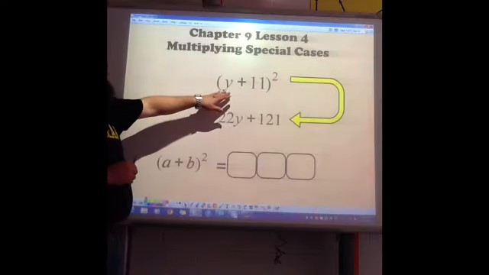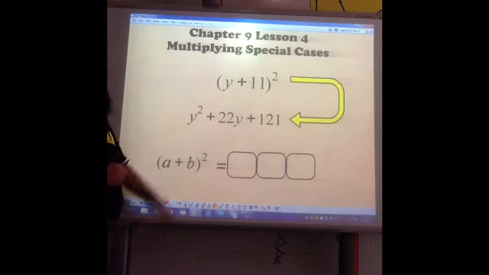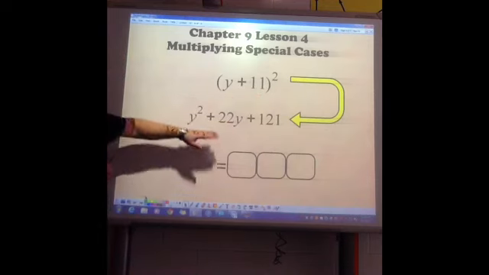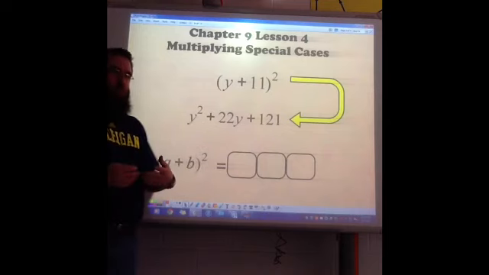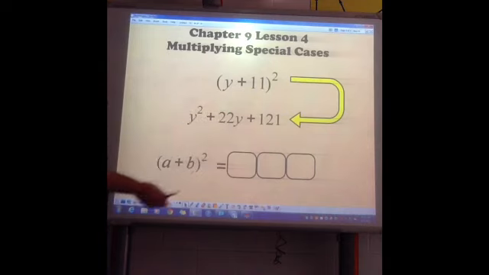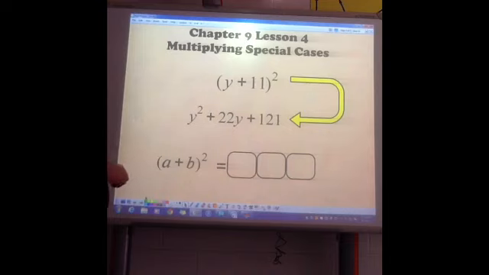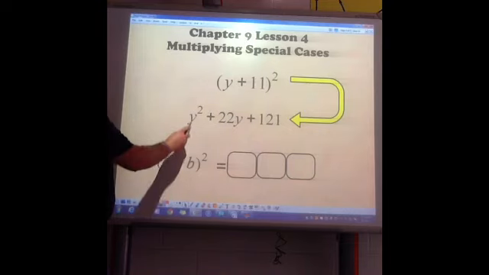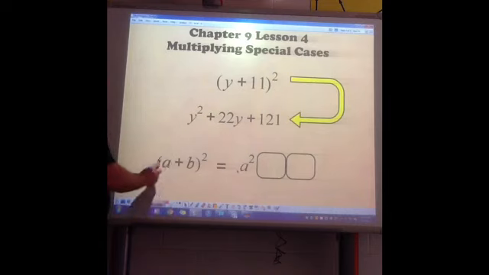So going back to y plus 11 squared, when we used our FOIL, our answer was y squared plus 22y plus 121. To get to the answer without using FOIL necessarily, go back to the a plus b squared formula from the first slide. We get our y squared from taking our first term and squaring it, y times y.